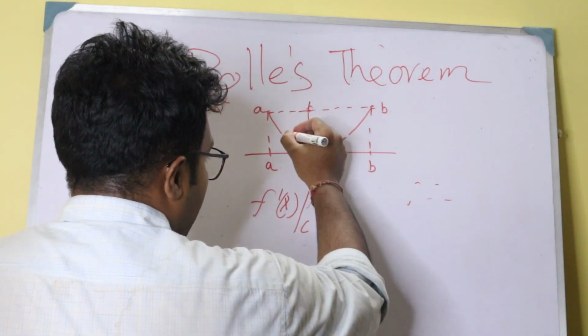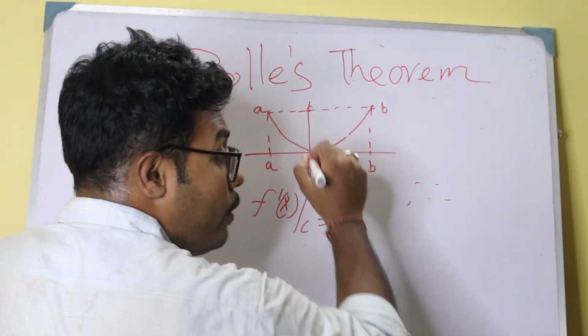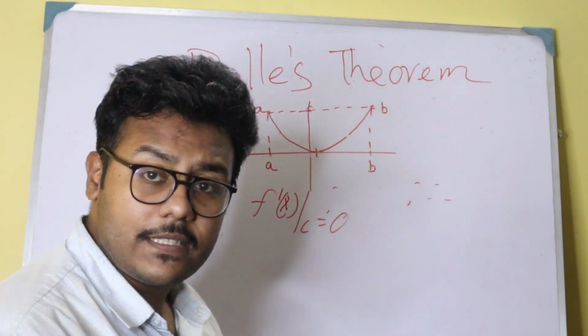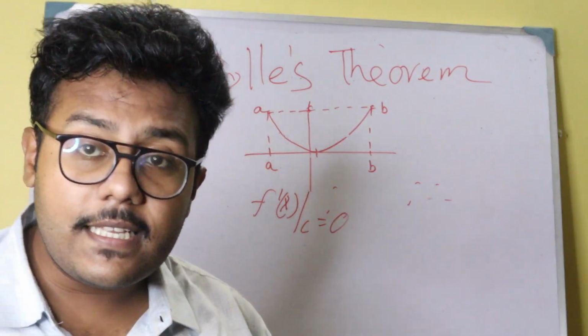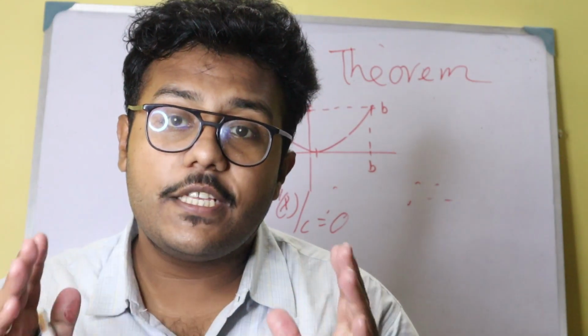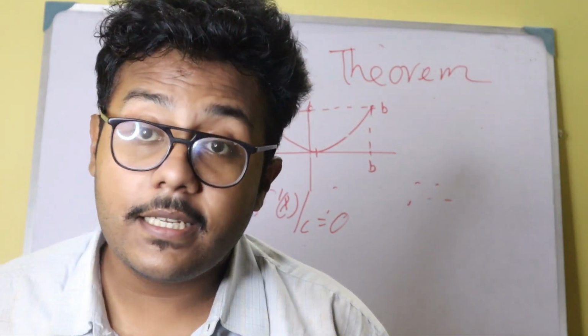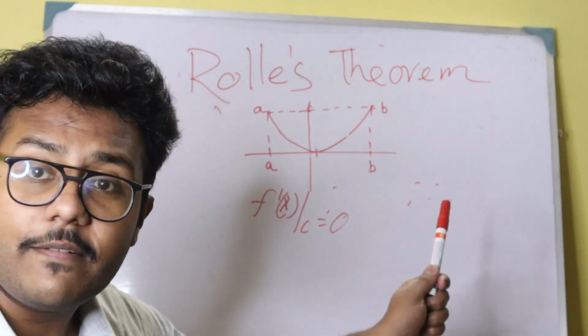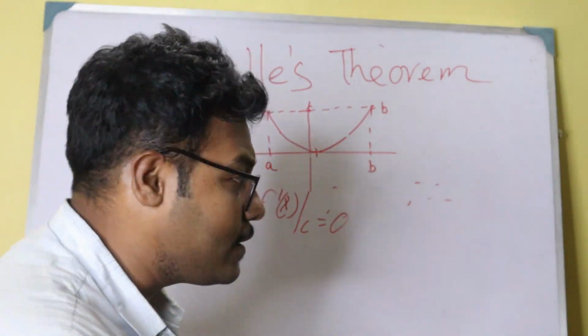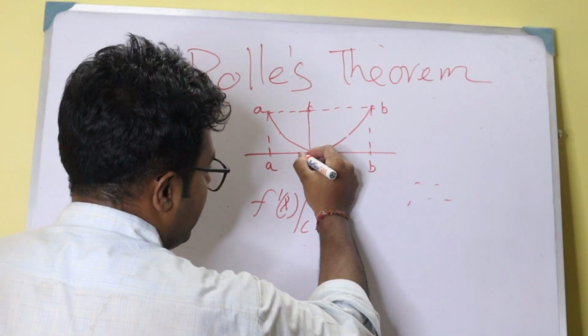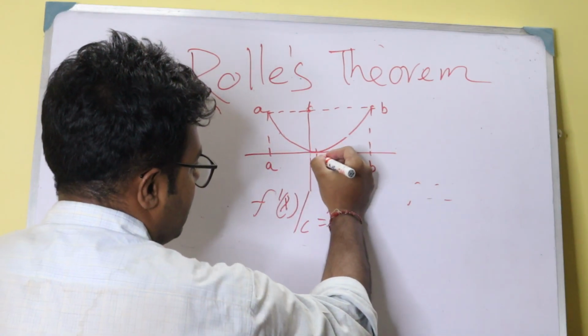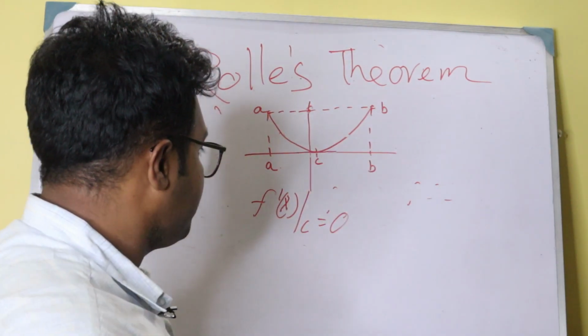We all know what f'(x) is. We all read in our school days that differentiation is used to find the slope. So if we observe this graph, can we say that the slope is 0 at this point? Suppose this point is c.